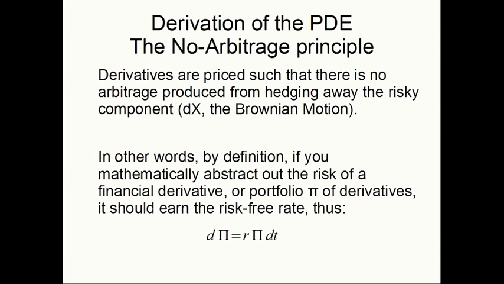This risky component is dX, the Brownian motion of our underlying stochastic process dS. This risk-free derivative portfolio, which we will soon see how to construct, is therefore mathematically expressed as d pi, the change in our portfolio over time, equals r times pi times dt, the risk-free return on our portfolio.